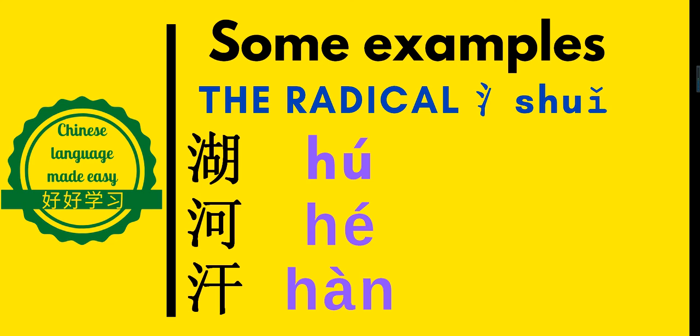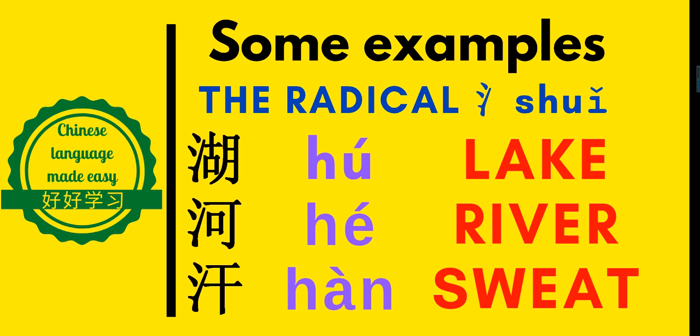You see the radical sign on the left, and these 3 Chinese characters include that radical sign which we use for water. These 3 are lake, river, and sweat. If you conclude from the meaning of these characters, you can see that each has something to do with water.